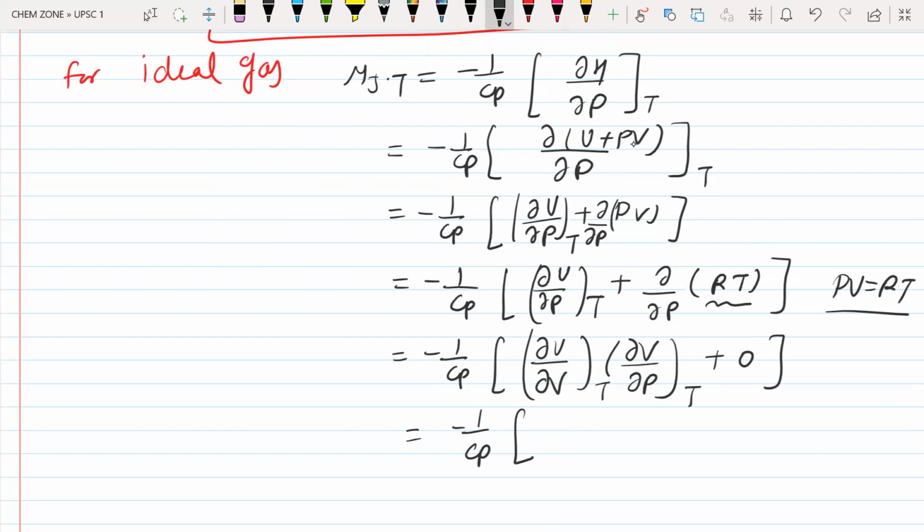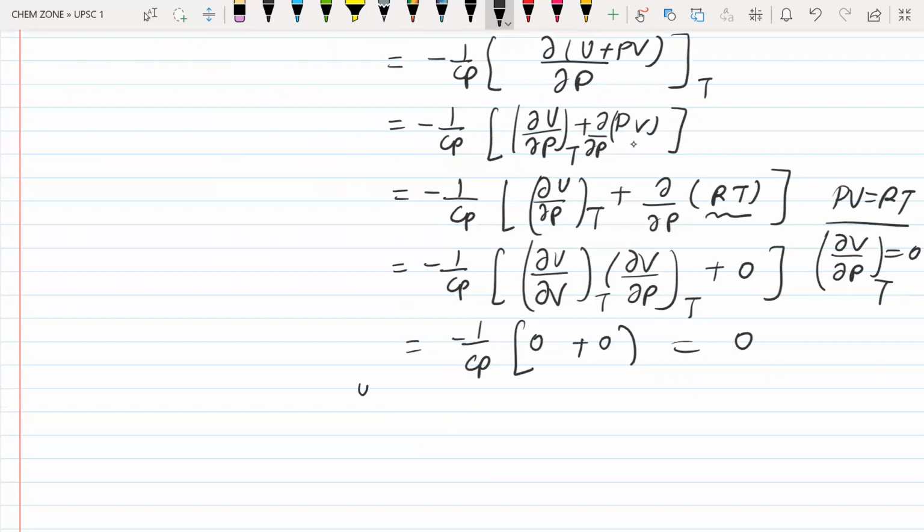Now see, del T by del P again has the value 0 as the temperature is also constant here. Zero at constant temperature for ideal gas. We can get mu JT is equal to 0 for an ideal gas.